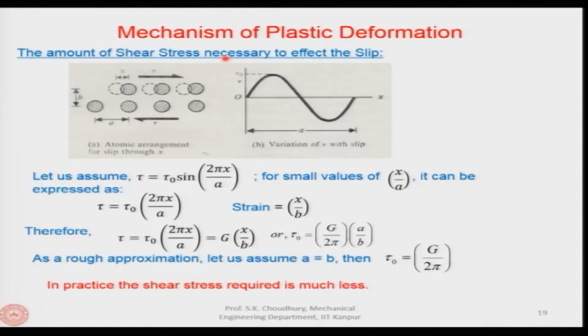Now, let us see the amount of shear stress which is necessary to affect the slip, that means how much shear force we want so that the layers could be permanently slipped along the slip plane.